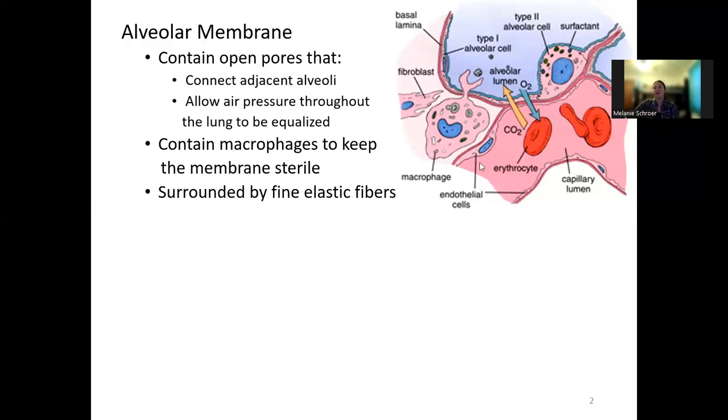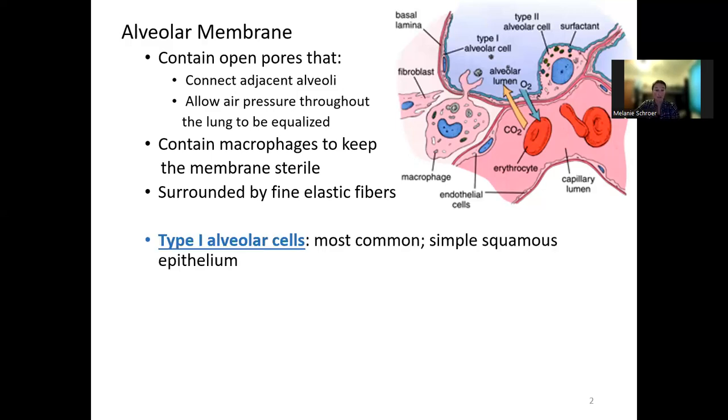The alveolar membrane also has some fine elastic fibers in it, just like we briefly looked at before. The alveolar membrane itself is composed primarily of those type 1 alveolar cells, so simple squamous epithelial cells, the thinnest membrane possible. But you might note that there are other types of cells as well.